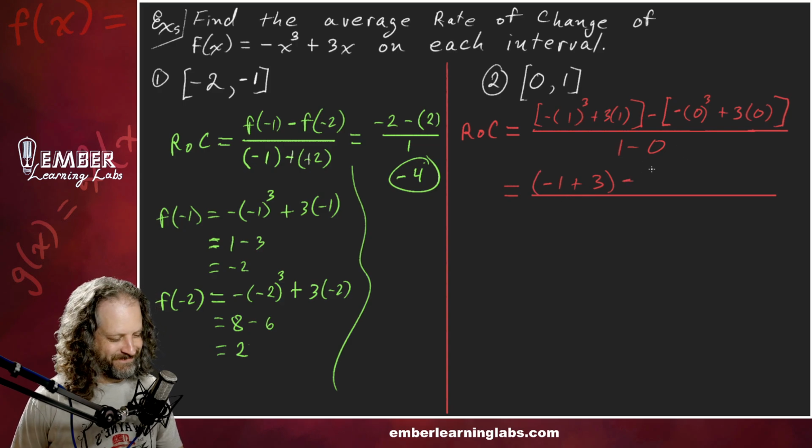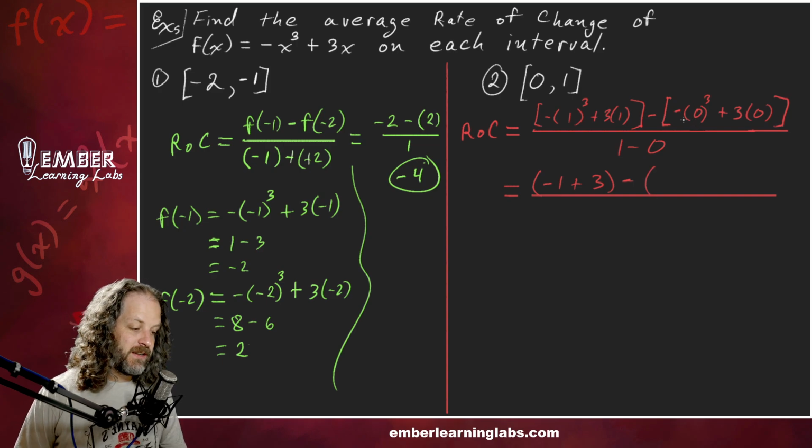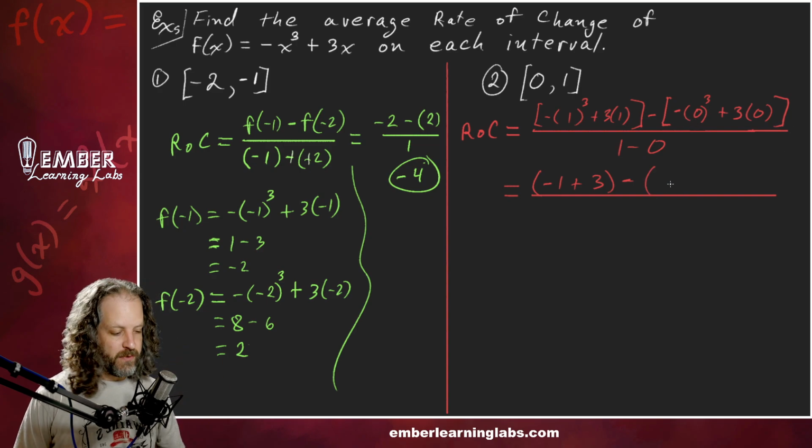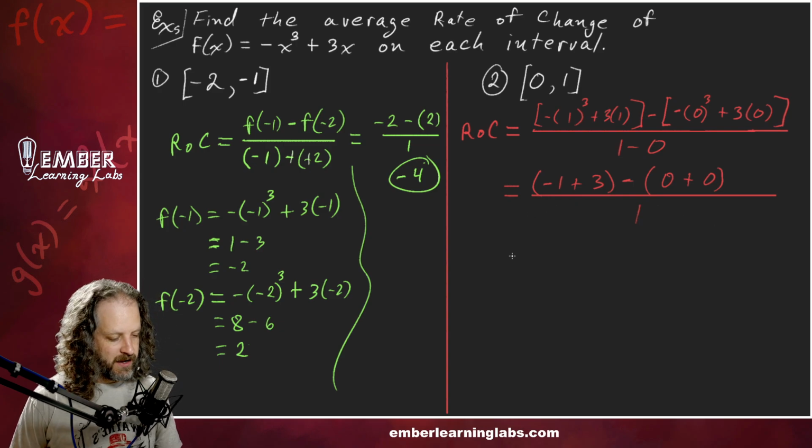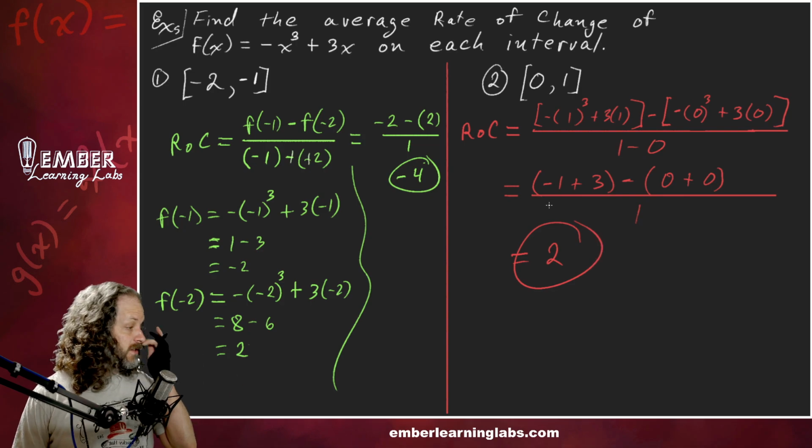This one is great. We love it. Negative 0 cubed is 0. 3 times 0 is also 0. That's such a wonderful thing. 1 minus 0 is still just 1, so who cares about the denominator? So our final answer is just this first bit, negative 1 plus 3, which is in fact 2. So the rate of change from that interval is 2.